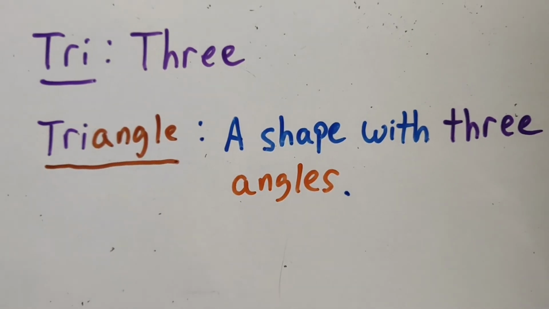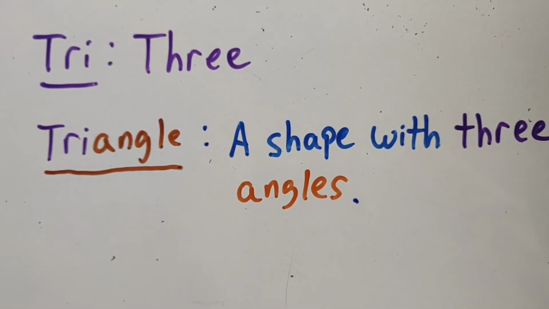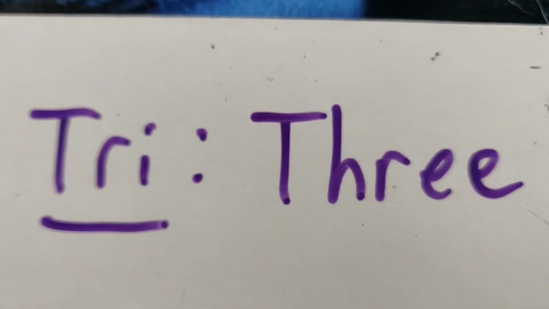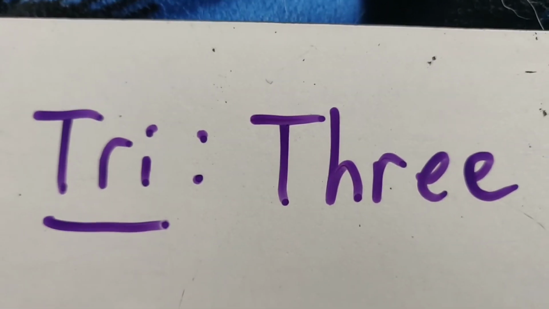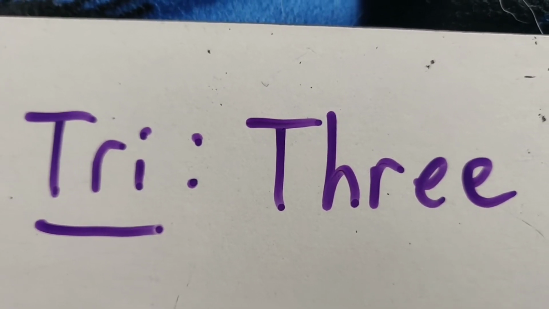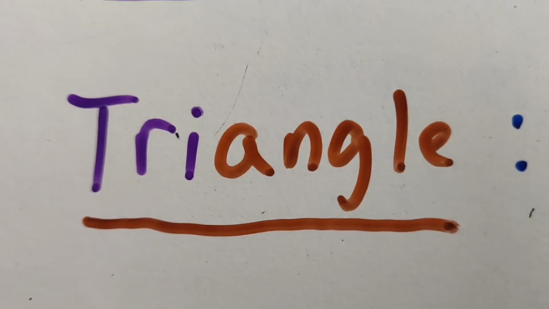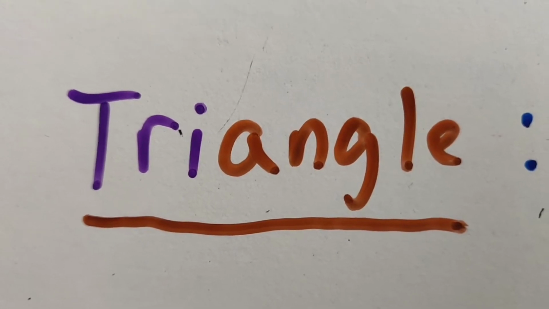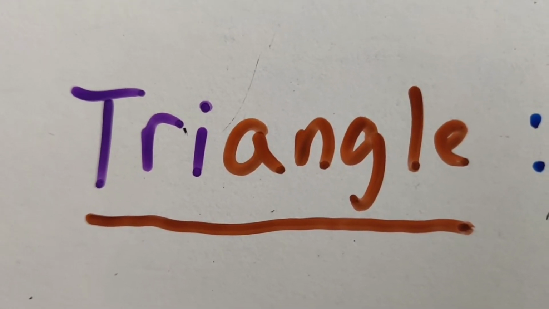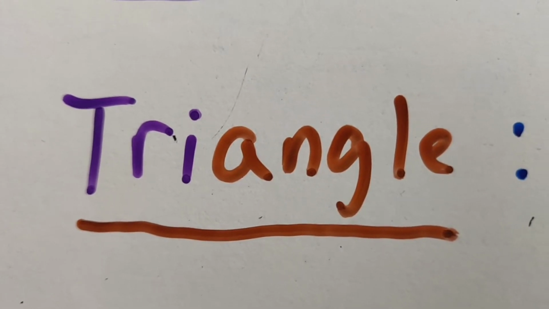I want to talk about the word triangle. So the prefix or word beginning tri, when you see tri at the beginning of a word, that means 3. And notice in the word triangle, we have tri in the beginning, so it literally means 3 angles.